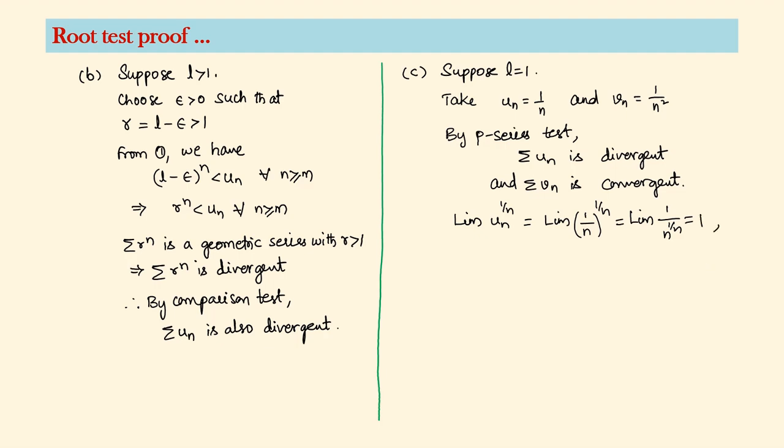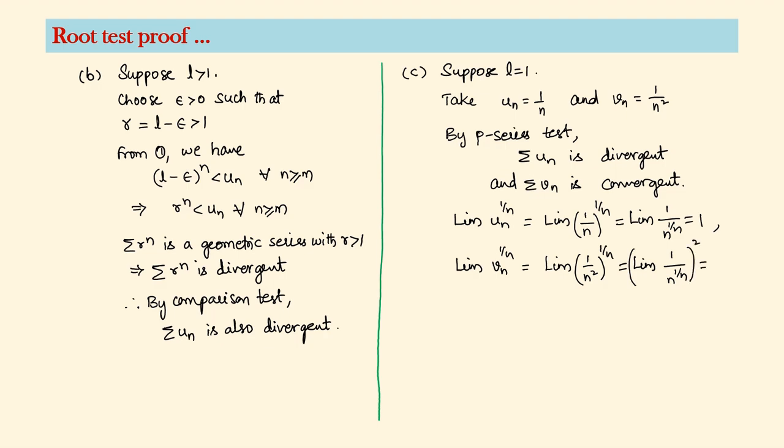And in the second case, limit of v_n power 1 by n is equal to limit, v_n is 1 by n square, so (1 by n square) power 1 by n. So this is equal to limit of, how can I write this, (1 by n power 1 by n) whole square, right? We take the whole square outside.